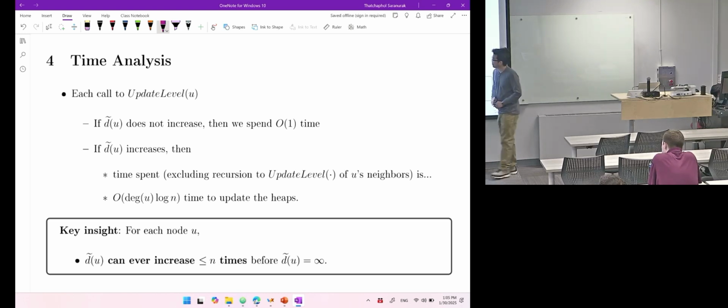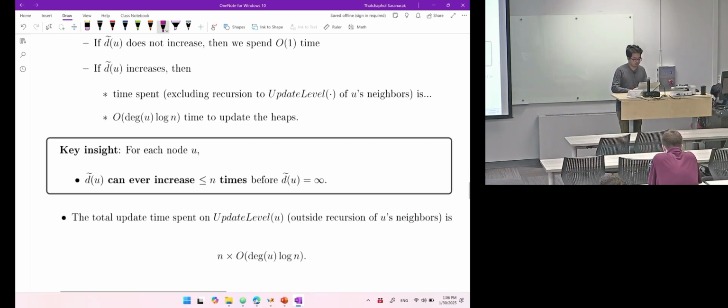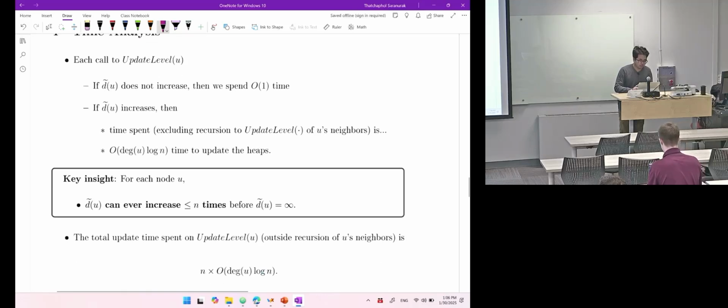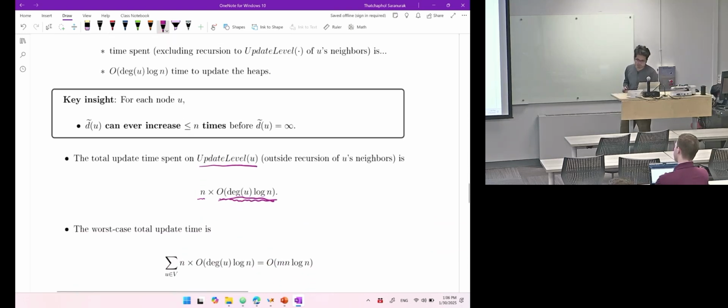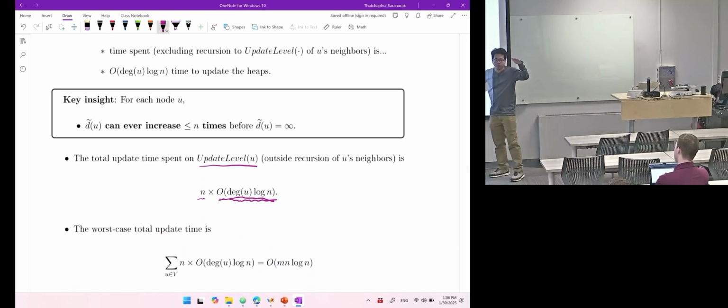It means the total time we spend on update level at U is the number of times you increase the level, which is n, times the degree of U times log n. Summing over all vertices, summing all degrees gives m. So that's mn log n.